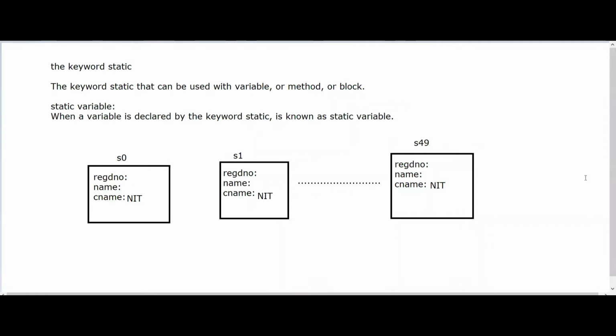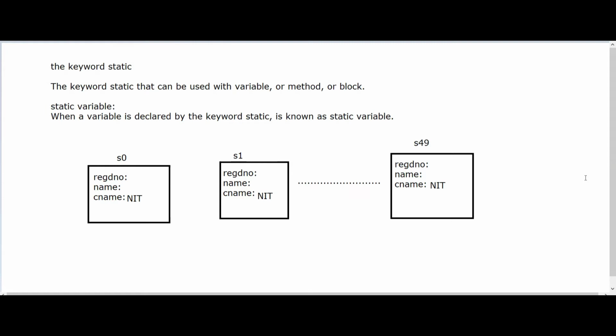In this way, there are 50 objects that we are considering, representing 50 students' information. The information is the value of registration number, the value of name, and the value of college name.